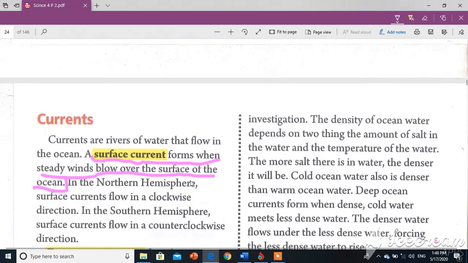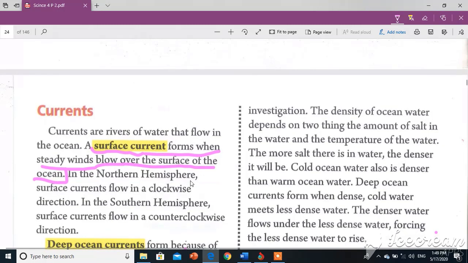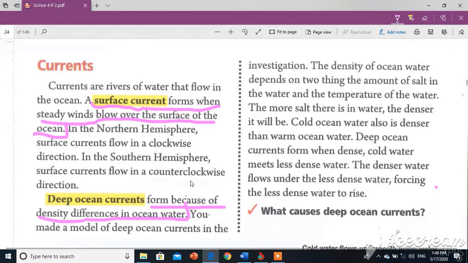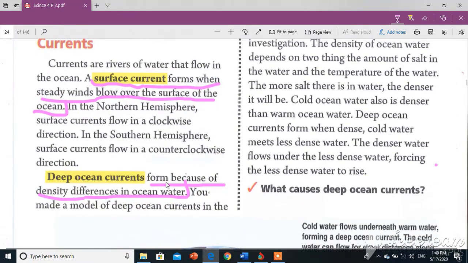Please memorize surface current and restudy at home, please. Deep ocean currents form because of density differences in ocean water. Please, all of you, memorize deep ocean currents, surface currents, tides, and types of tides.